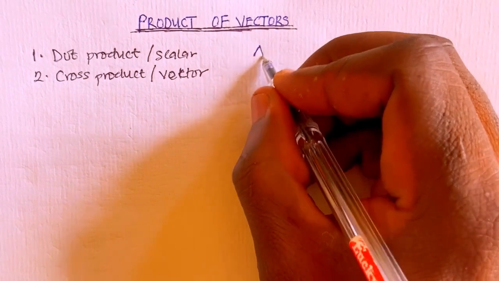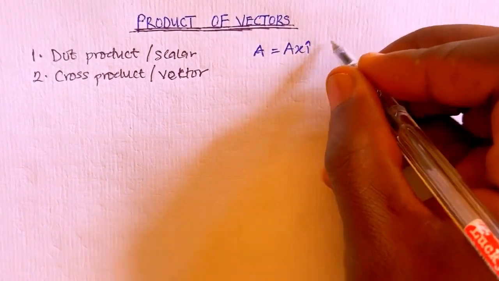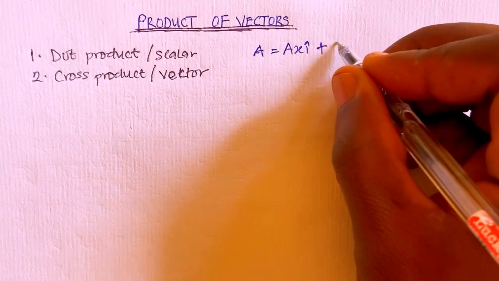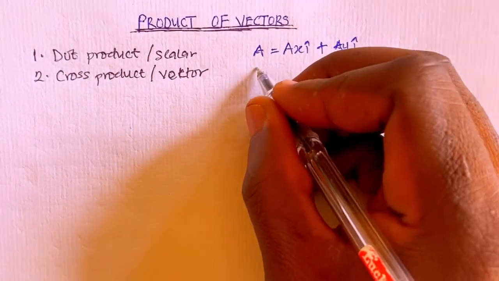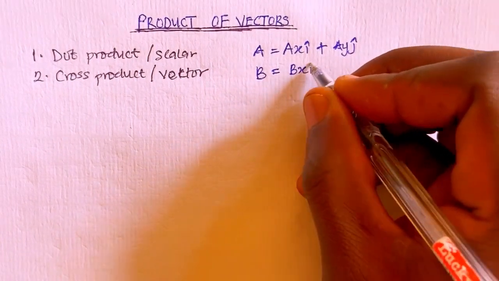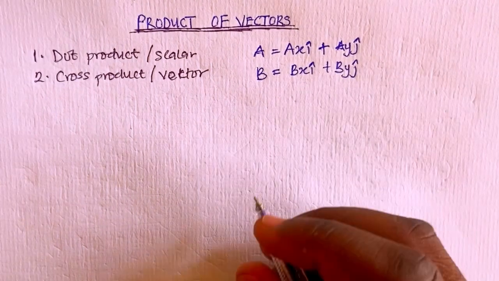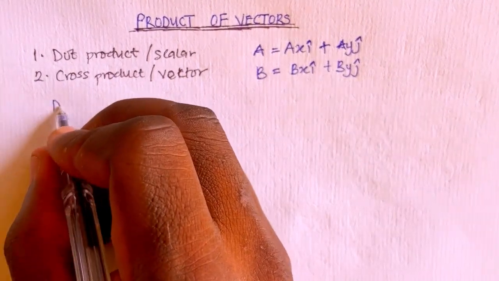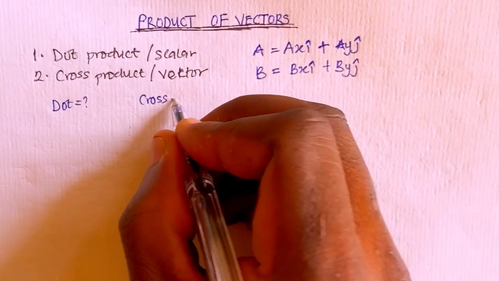Suppose we have vector A, which is equal to AXi plus AYj, and also vector B, which is equal to BXi plus BYj. Then what is going to be the dot product and what is going to be the cross product?